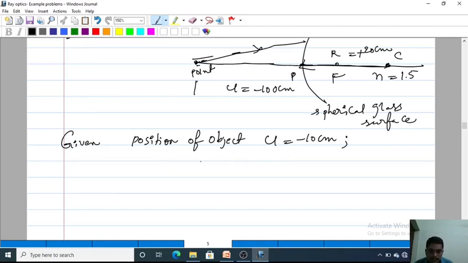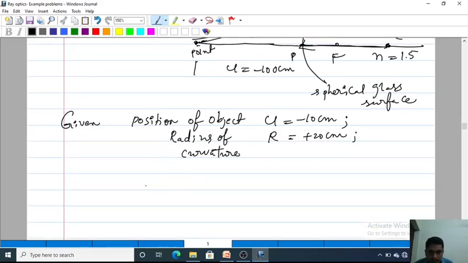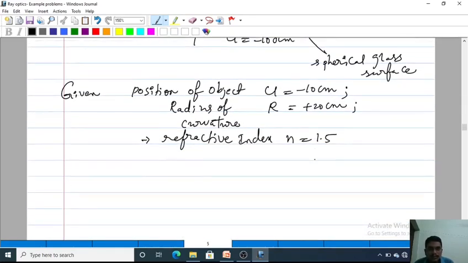Also given the radius of curvature R is equal to plus 20 centimeters, and the refractive index n is equal to 1.5. We need to answer these questions.